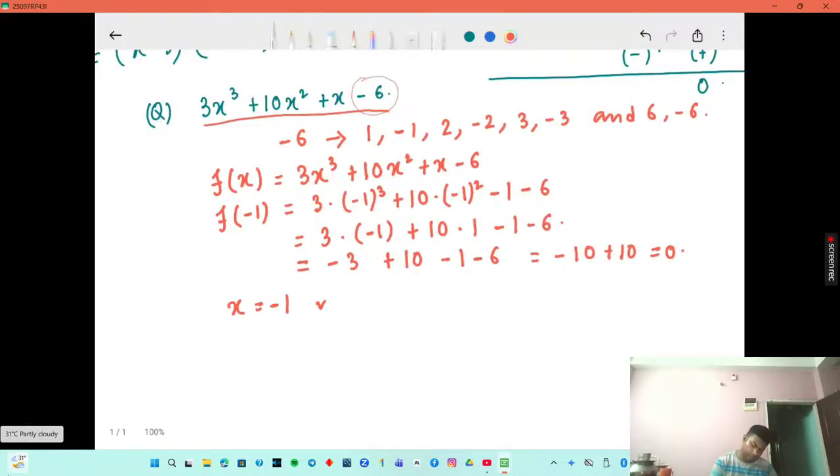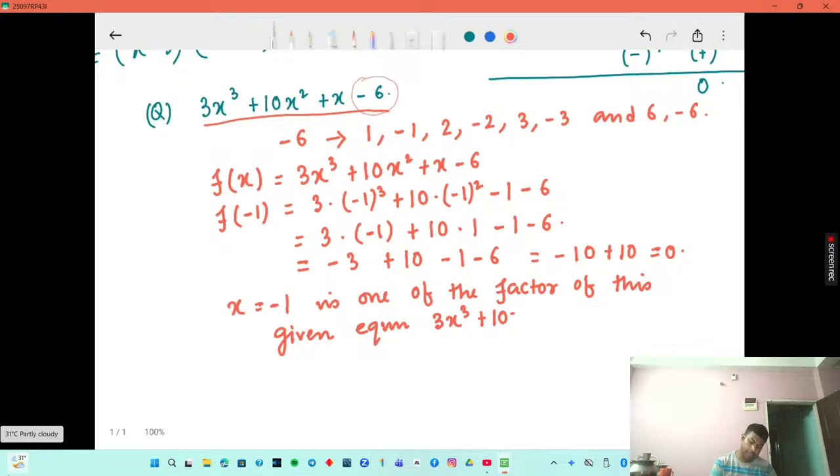Therefore from here we can find that x equal to minus 1 is one of the factors of this given equation, 3x cube plus 10x square plus x minus 6. Is it clear? So we can say that x plus 1 is one of the factors of this given equation.